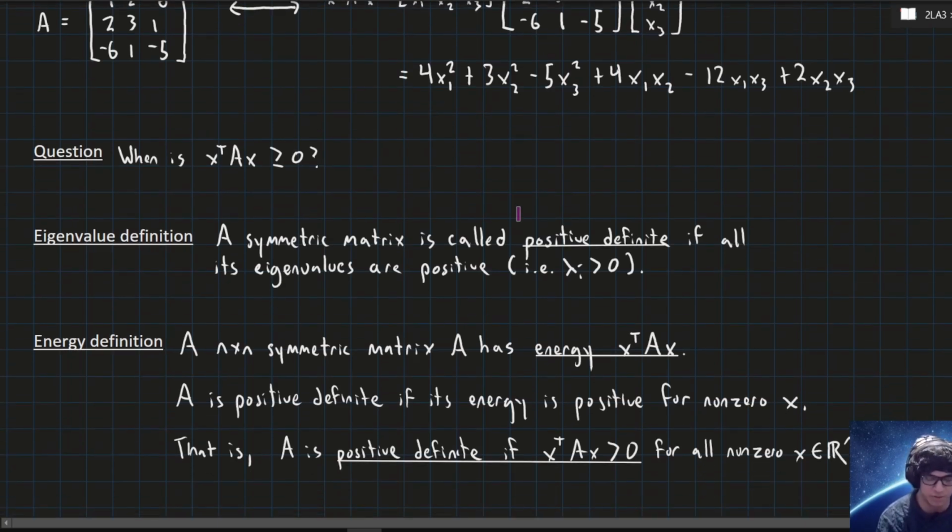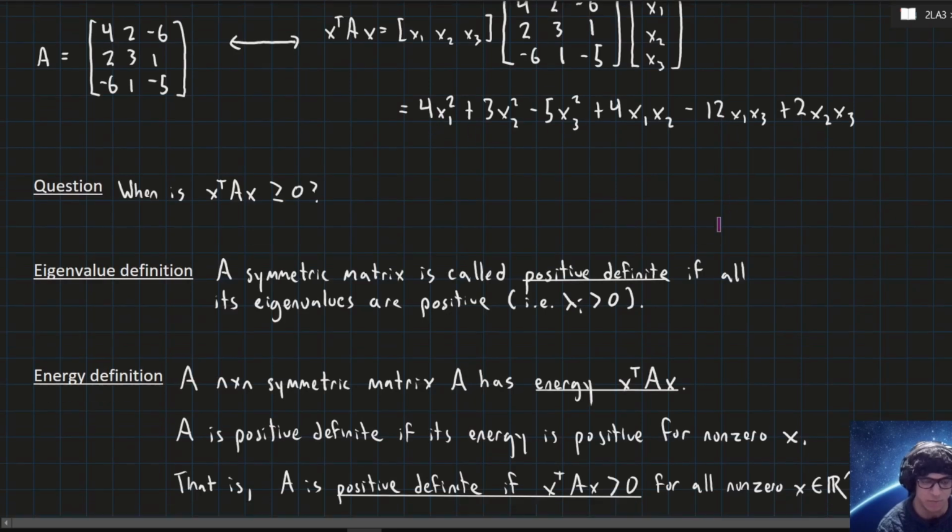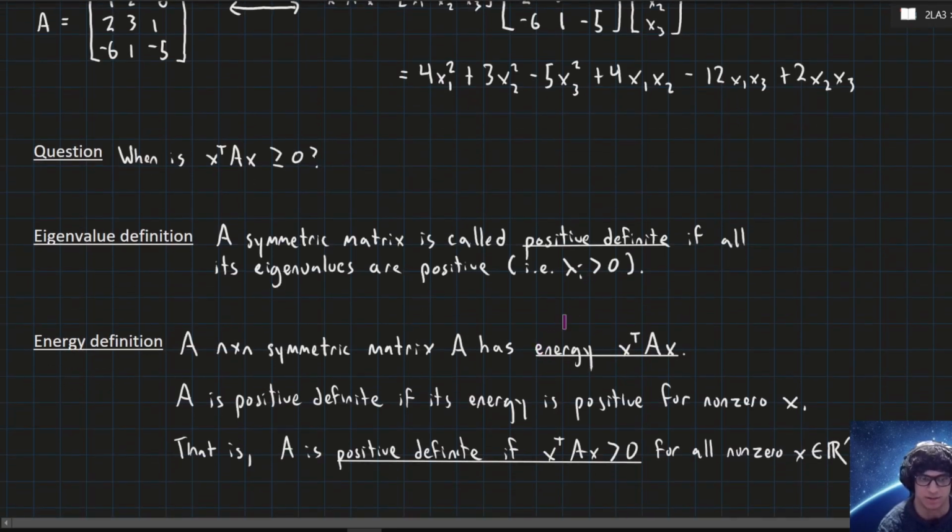Okay, so in applications in physics and engineering, this term here, x transpose A times x, is often called the energy of the system. x might model the position of a particle, and this quadratic form will describe its energy at certain positions.